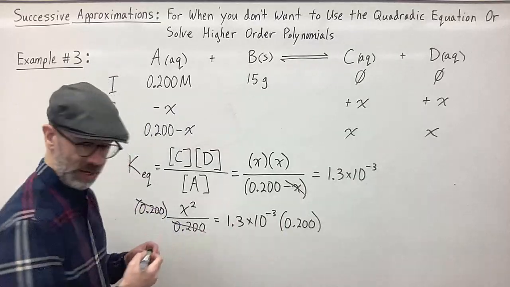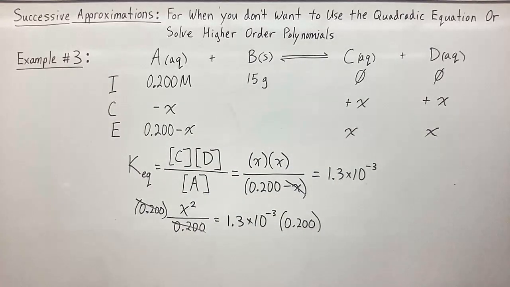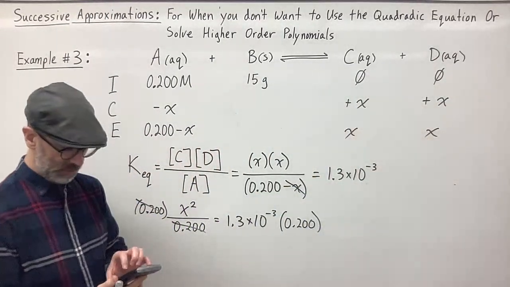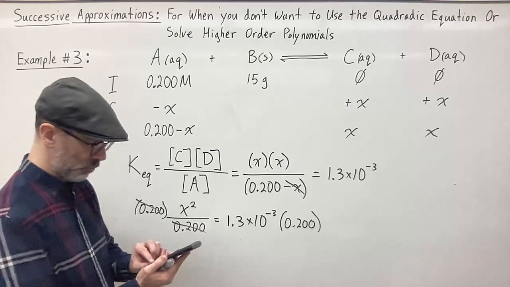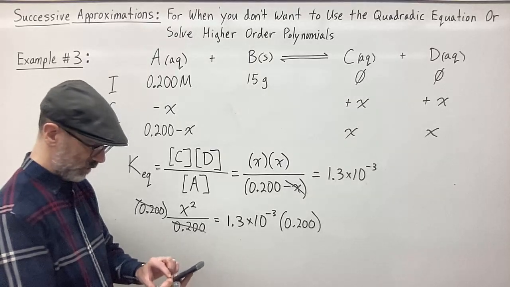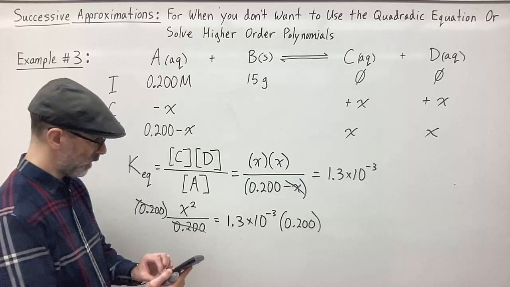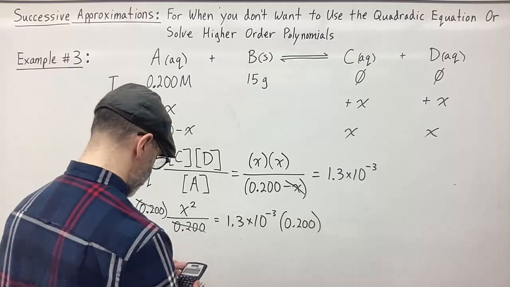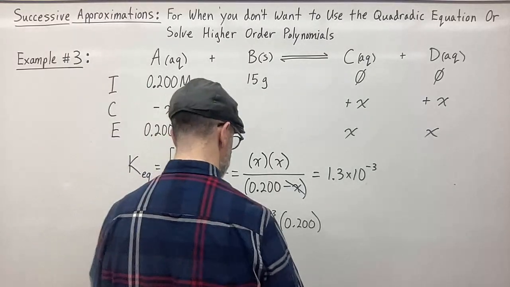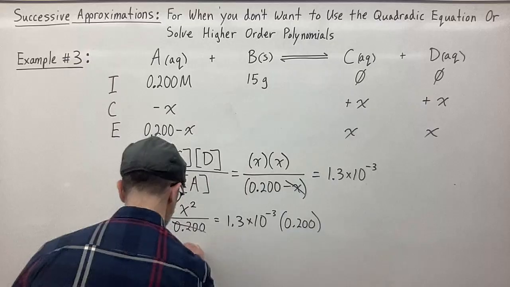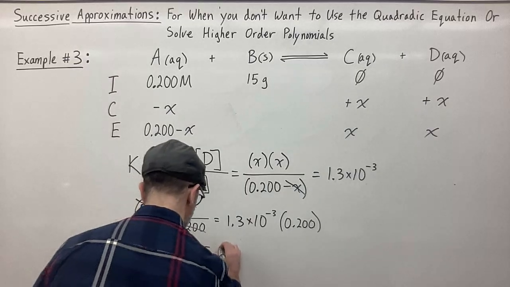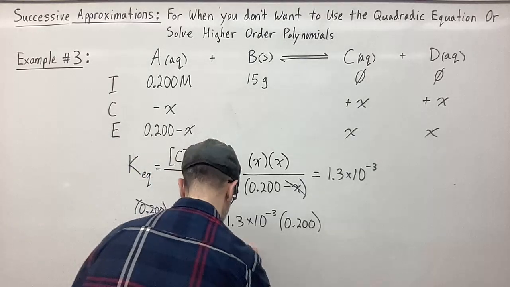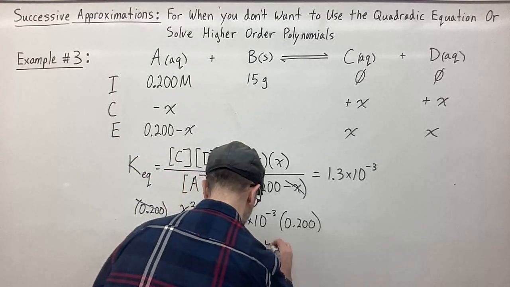Let me get my calculator. If I calculate 1.3 times 10 to the negative 3 times 0.200, I get 2.6, so I have x squared now equal to 2.6 times 10 to the negative 4.